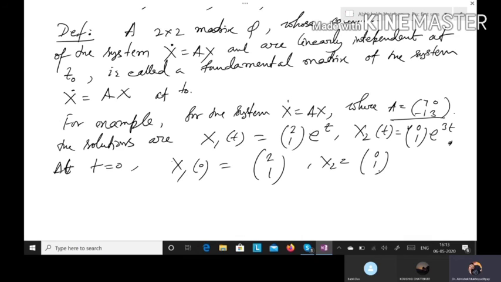And if you want to check, you will see that x1 and x2 are linearly independent.